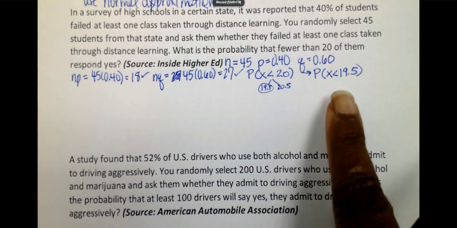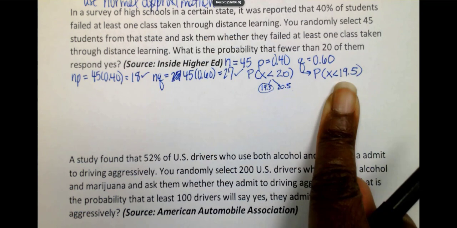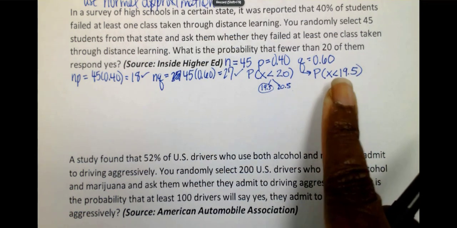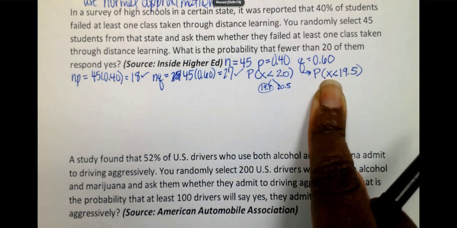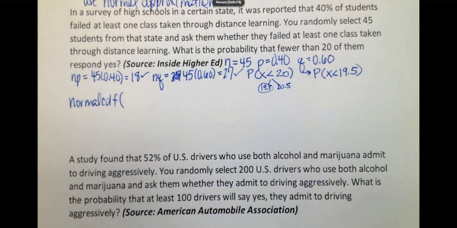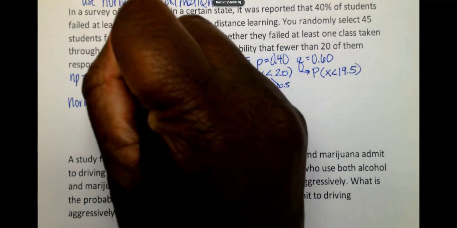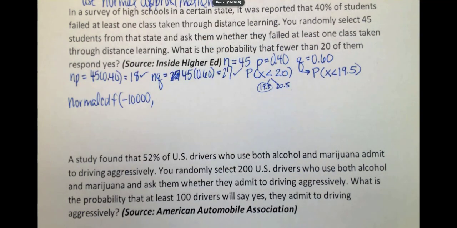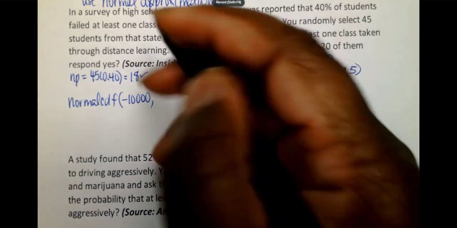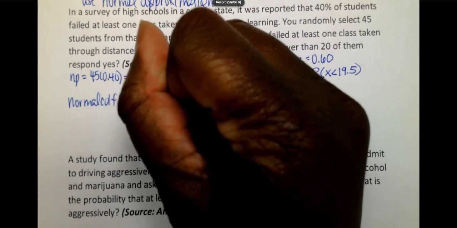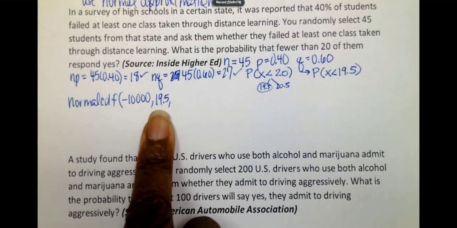So here we go. This is our probability. It's less than. So calculator first. Less than means we're going to have a negative 10,000. Then 19.5, because remember we want everything below this.